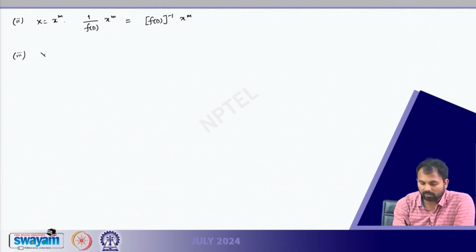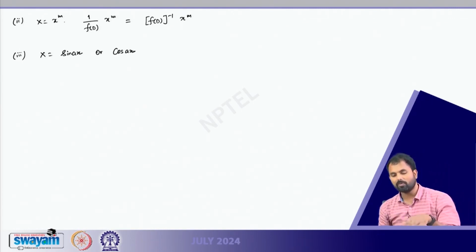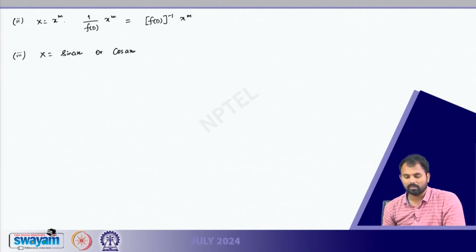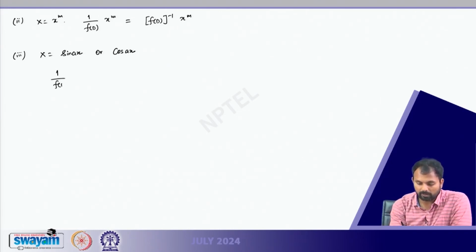The third type is if capital X equals sin ax or cos ax. All this derivation you will find in the reference books that I have mentioned, so you do not have to worry that I am not deriving it here; they are very standard known results. So, 1 by f(D) of sin ax.